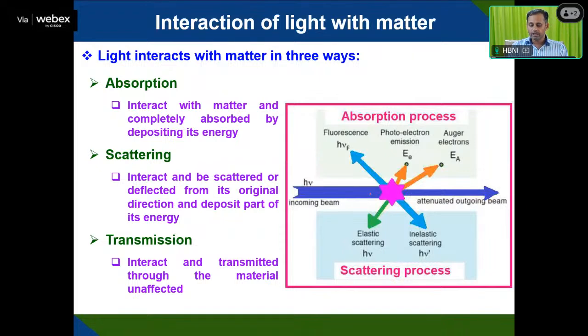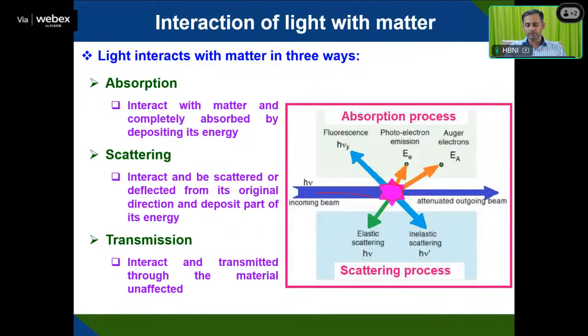If you have an incoming beam, h nu, falling on the material, there is a possibility that three phenomena will occur: absorption, scattering, or transmission. The incoming beam can be completely absorbed, in which case there will be no transmission or scattering.